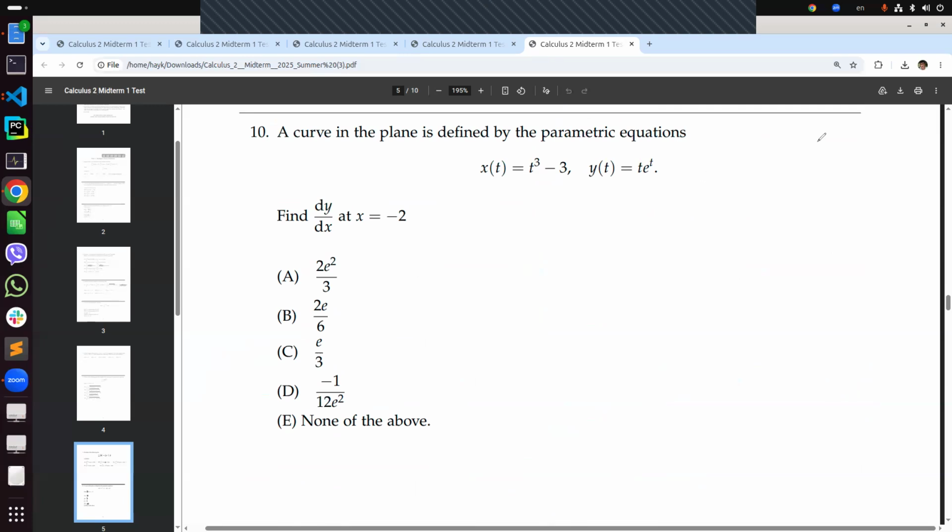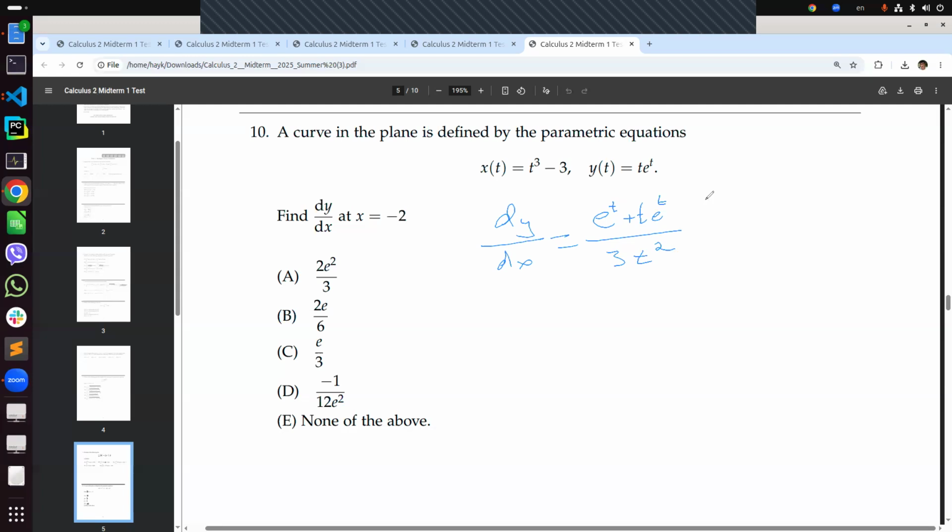The next one is a given parametric equation. Our goal is to find the derivative at x equals minus 2. How do we find dy over dx? We just need to calculate dy over dx, the derivative of y, which gives e to the t plus t e to the t, divided by the derivative of x.